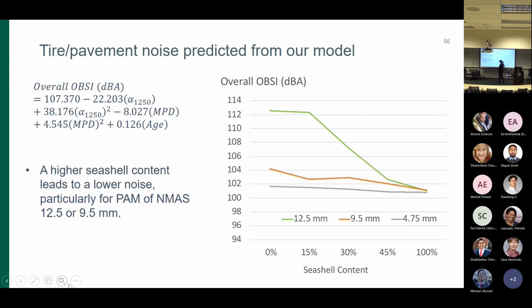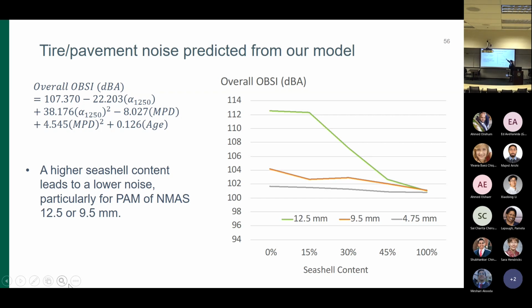And we found that at a lower percentage of seashell material, the small average size seashell material will have lower tire noise with the increase of seashell material.